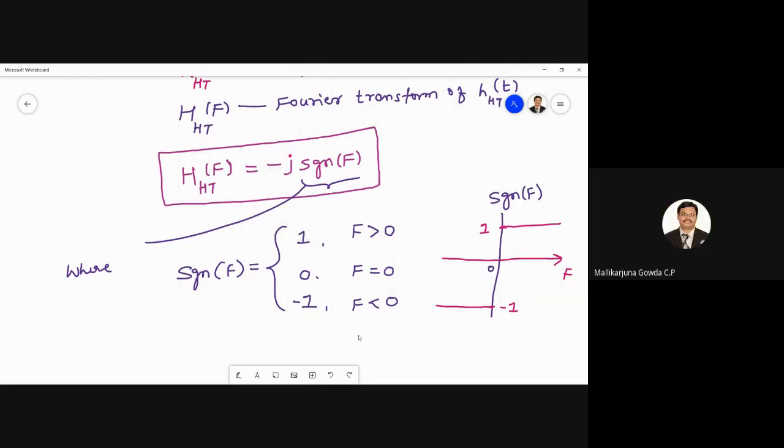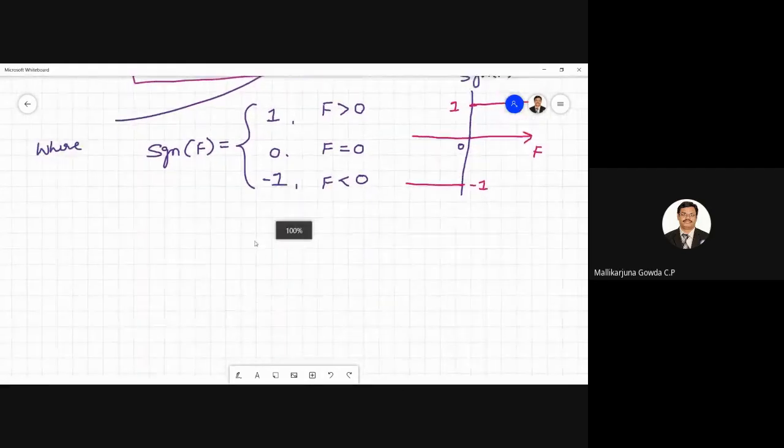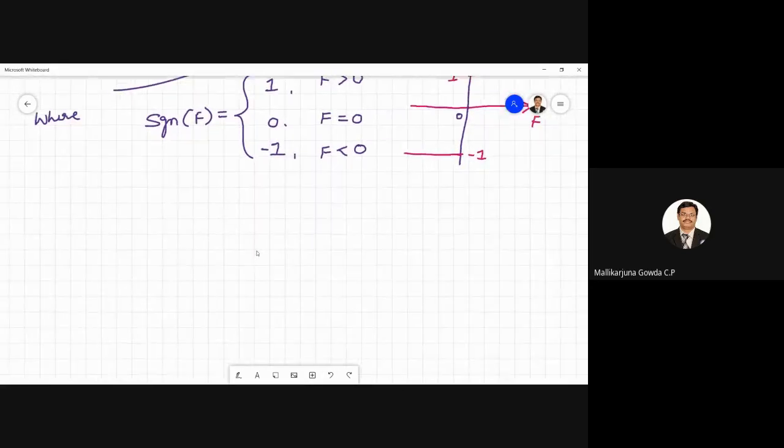Now I have defined signum of f. Now what is H of f, which is the signum function multiplied by minus j? H of f is the Fourier transform of the Hilbert transform function.